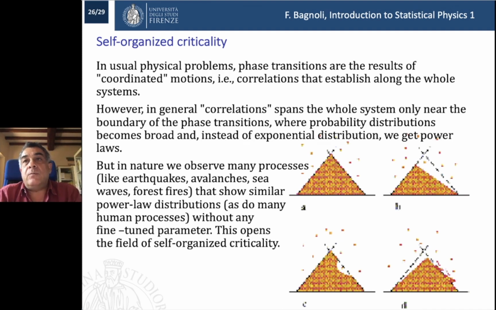And so one can speak of self-organized criticality, and it is interesting to study some simple problem that shows this aspect.